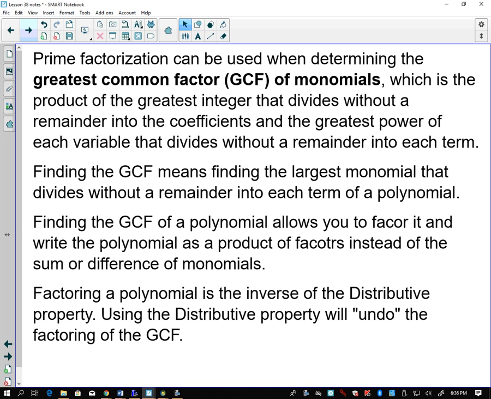Finding the greatest common factor means finding the largest monomial that divides without a remainder into each term of a polynomial. So what will go into everything?